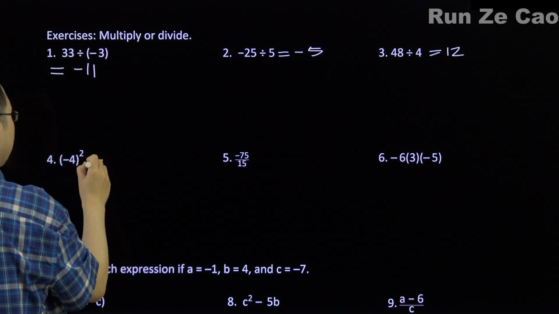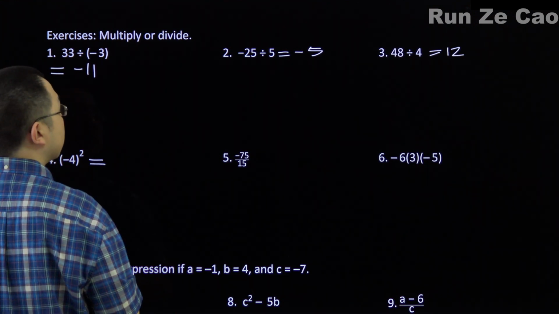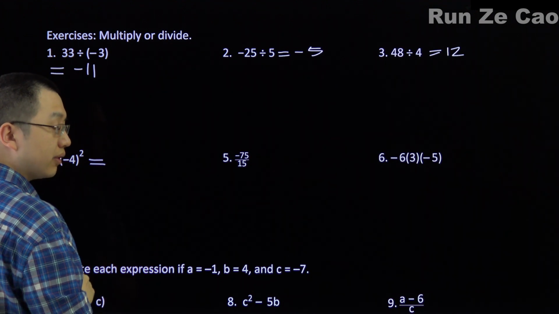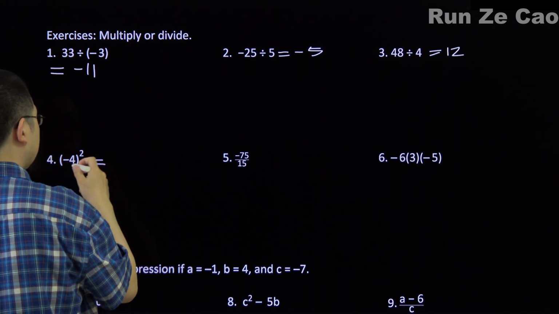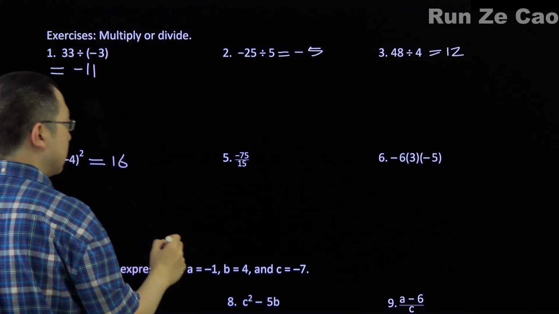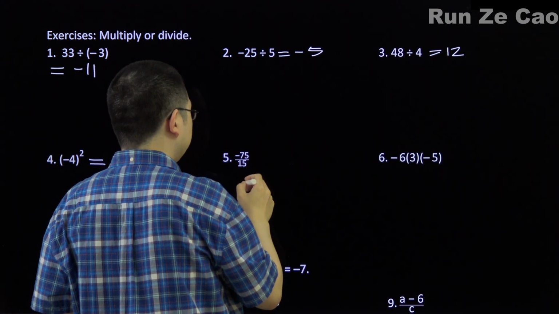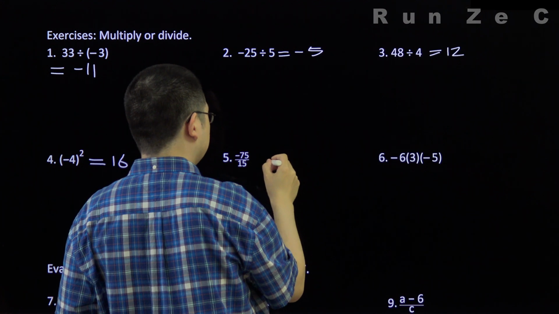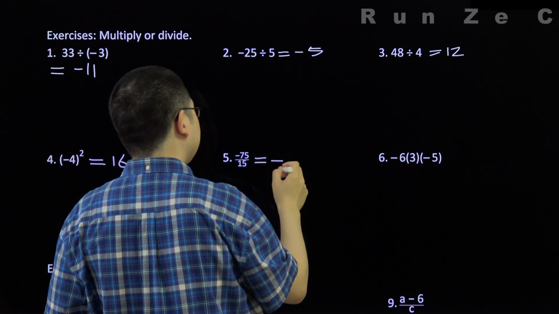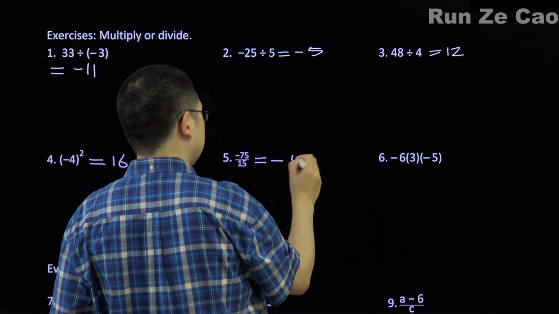And negative 4 squared is, well, negative 4 times negative 4. There are two negative signs. So the result is going to be positive. 4 times 4 is 16. Negative 75 over 15 is, well, there's one negative sign, so negative. And then 75 divided by 15 is 5.